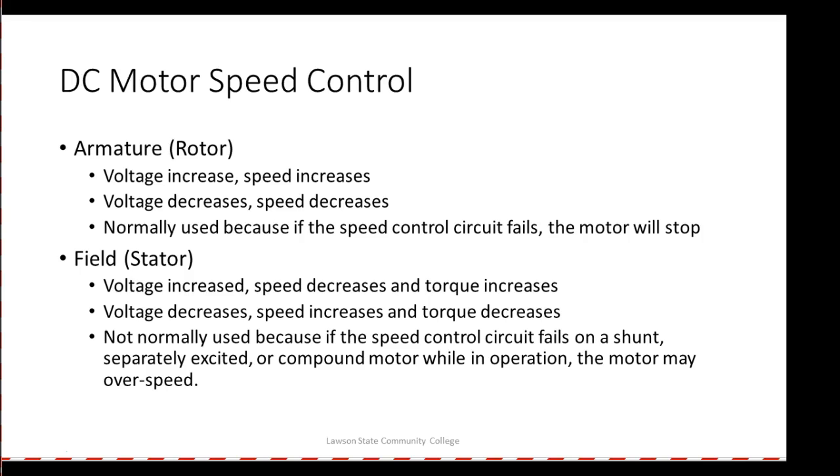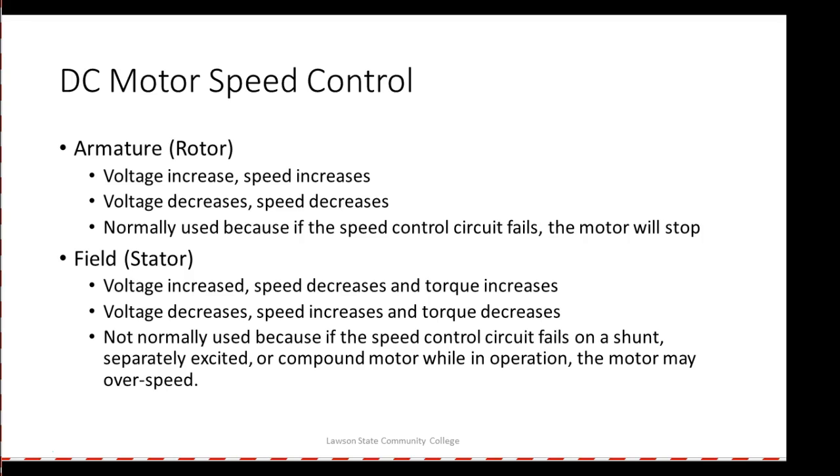Normally we control it with the armature, except for the series motor. You can't split those up, right? But your shunt motor, your separately excited motor, and your compound motors, we control those with the armature.